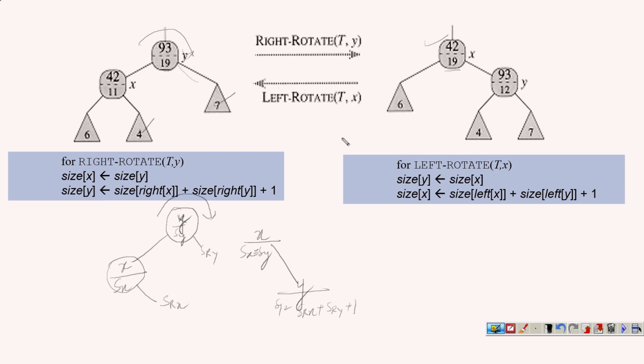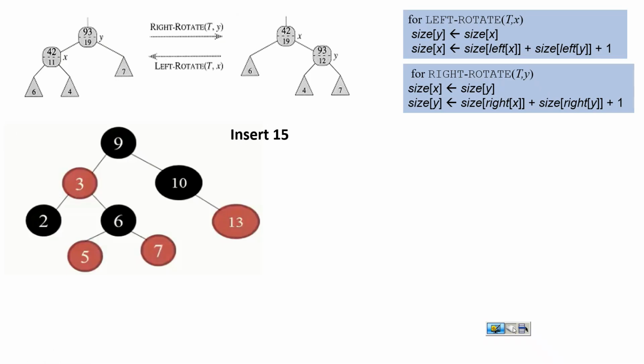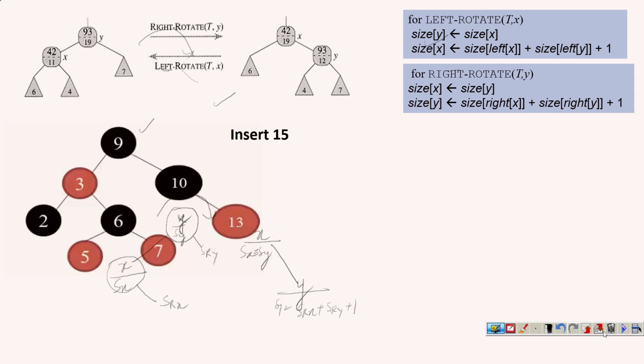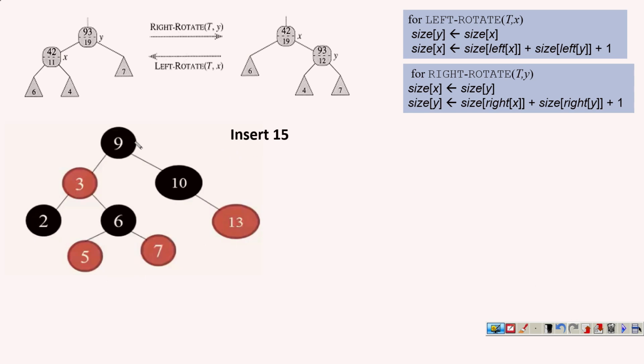Having understood how the size is to be maintained, let us do some operations. Let us take some insertion cases. This is the first example, where we are going to insert a node with key value 15. This is a red-black tree with colors on every node, but for an order statistics tree, every node must also have a size field.